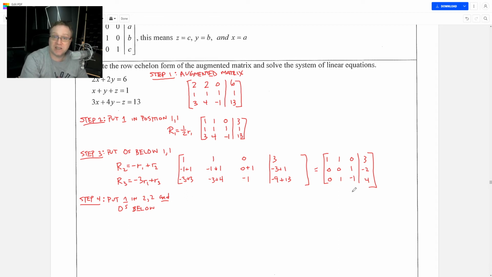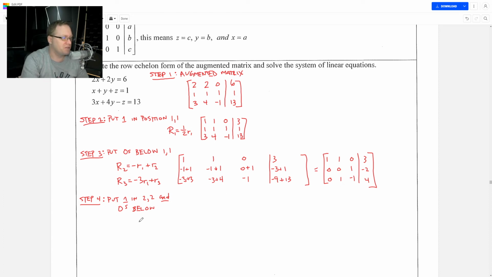But in this example, it's actually very easy, because if we want to put a 1 here and a 0 below it, there's an easy way we can do that, because one of our row operations is to switch the rows. So what if we just switch row 2 and row 3? That'll put a 1 here, and it'll put a 0 below it. So let's do that.